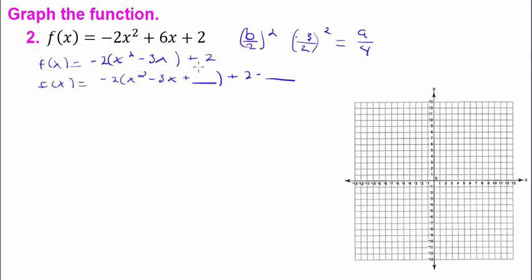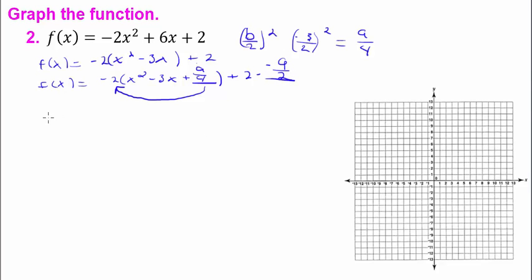So I'm going to have positive 9 over 4. It is a fraction. That's okay, we can deal with that. As my first blank. Now remember, to find my other blank, I actually have to take the positive 9 over 4 times the negative 2. So by multiplying this, I'm actually going to get a negative 9 over 2.